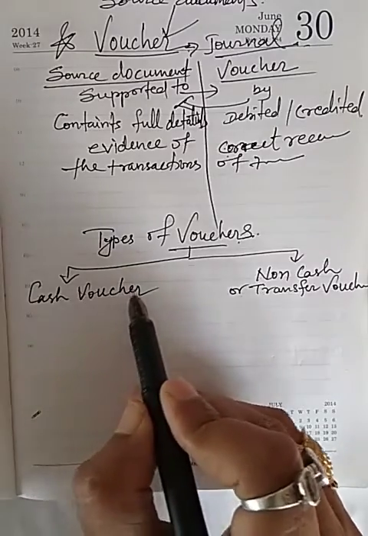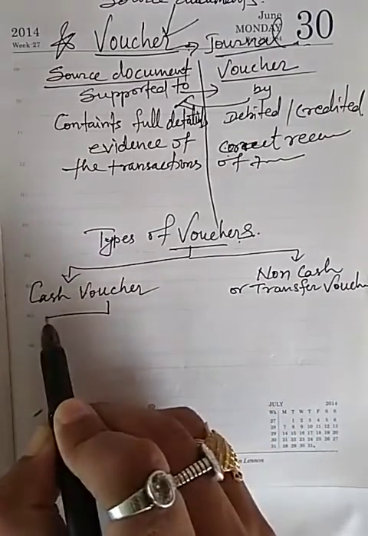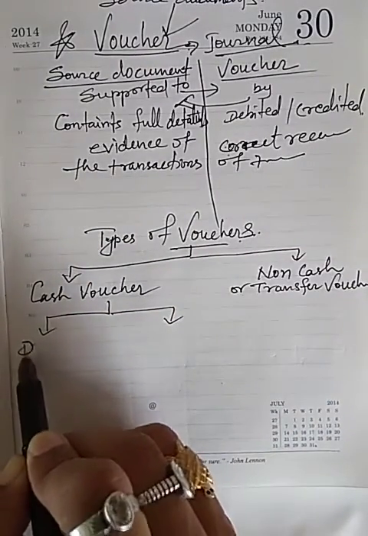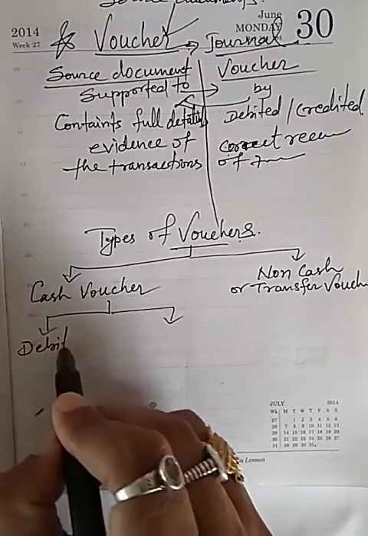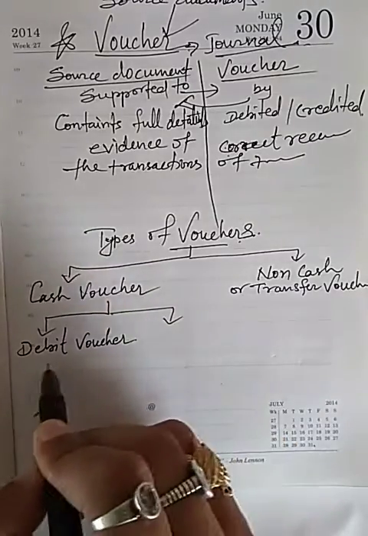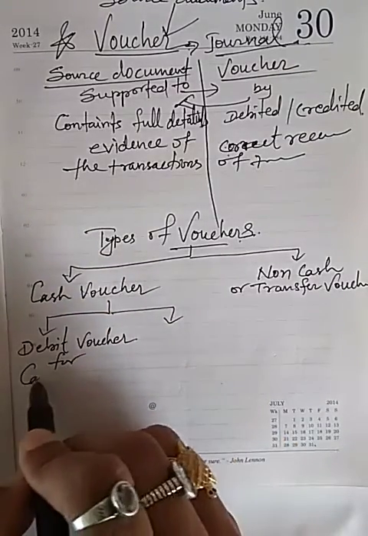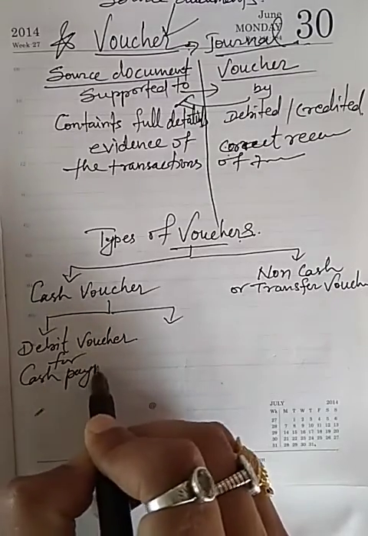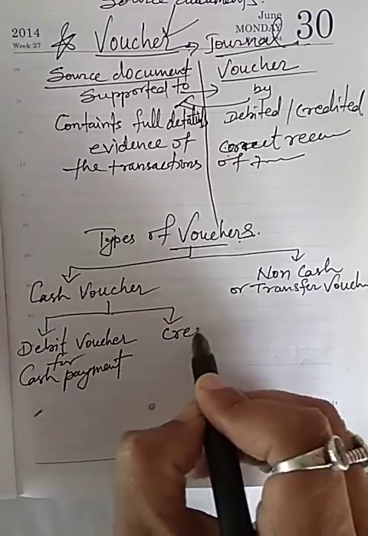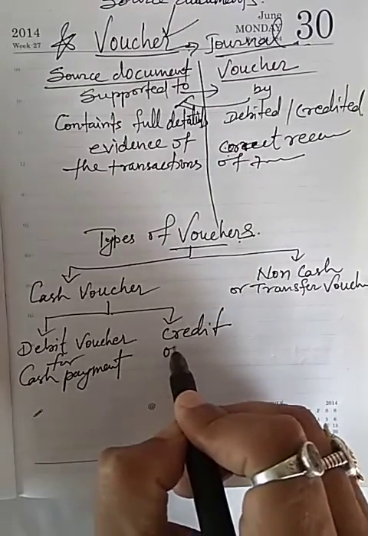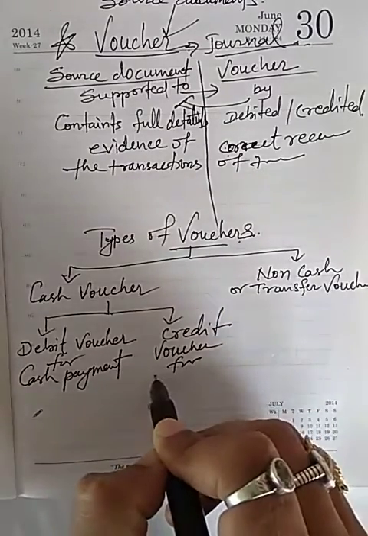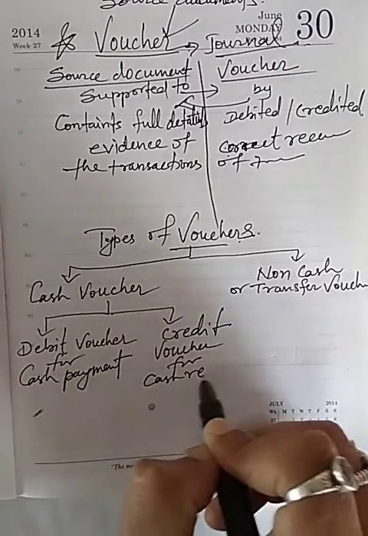Cash vouchers are also of two types. First is debit voucher for cash payment, and second is credit voucher for cash receipt.